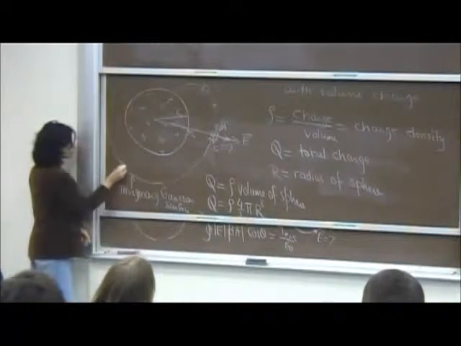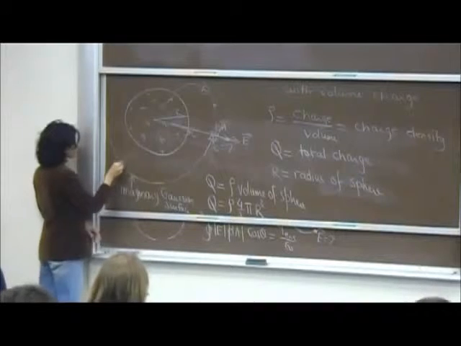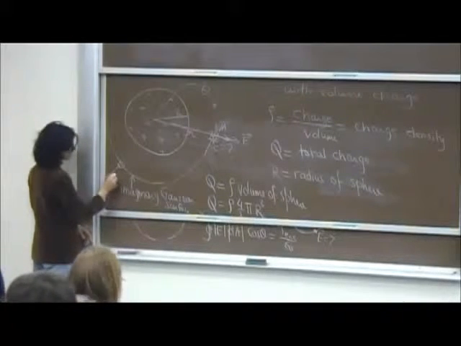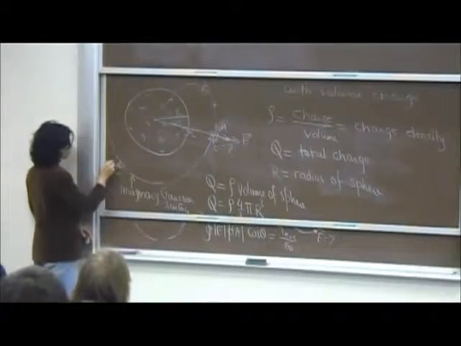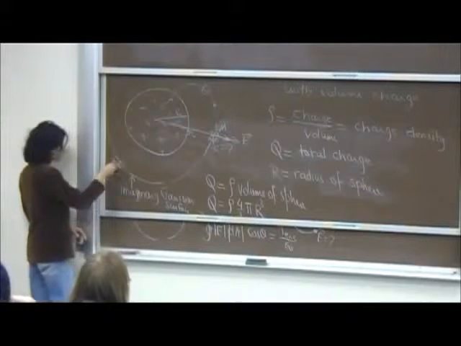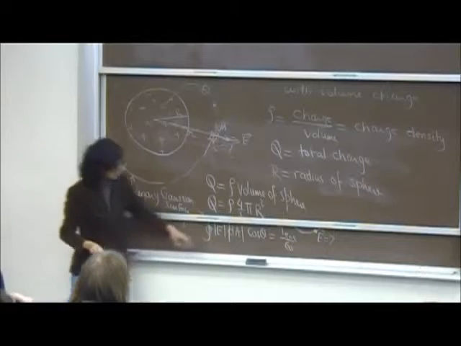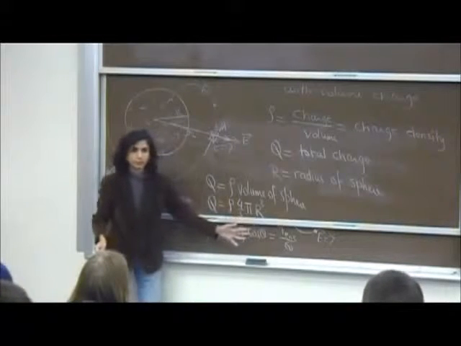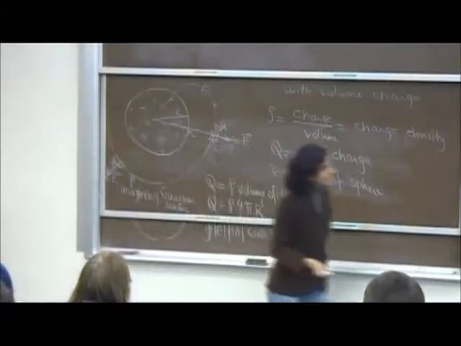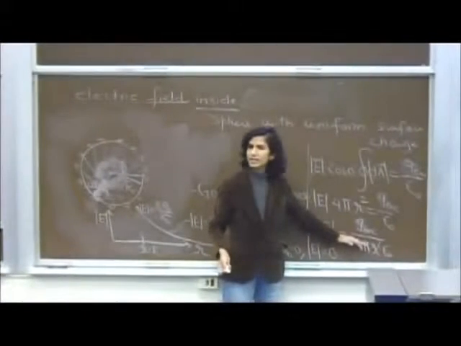If you're thinking over here, again the electric field will be radially out, dA will be radially out. So dA and electric field are both pointing in exactly the same direction, and so this is cosine 0, which is 1. So is everybody seeing that this logic again applies?